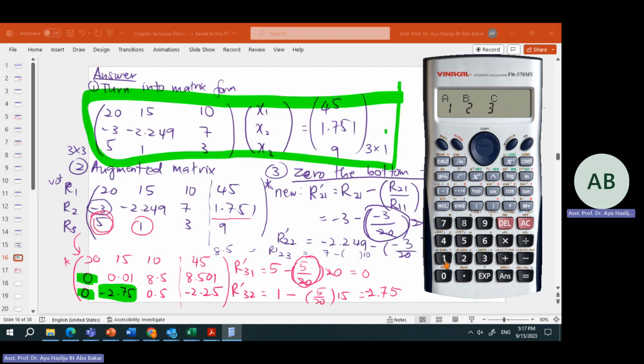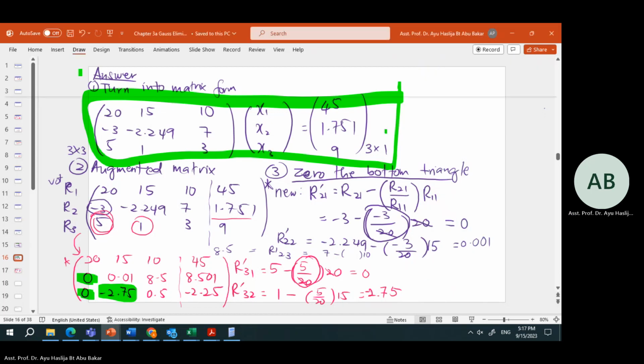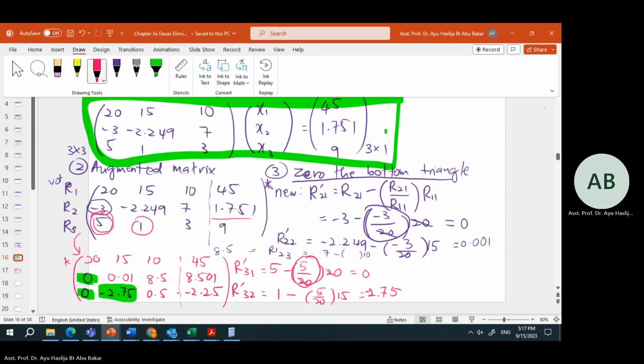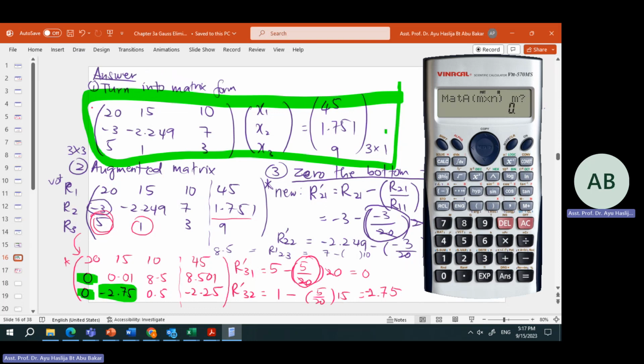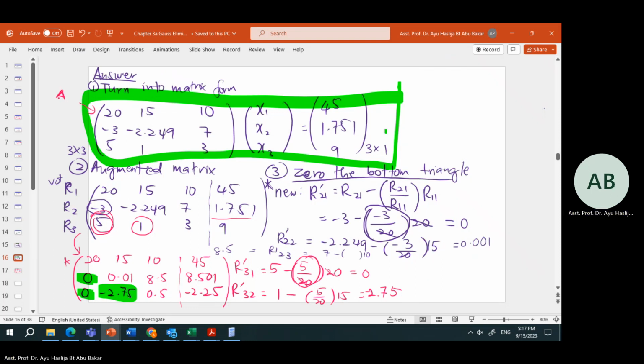First matrix, let's say we label as A. Just press 1, A. Okay, A over here is this matrix.